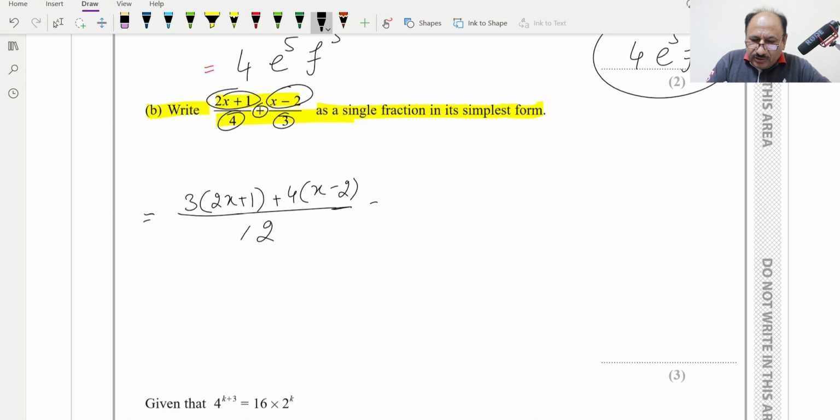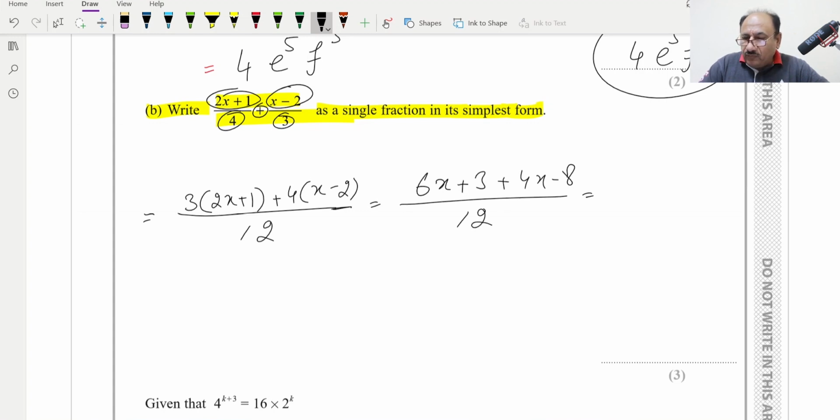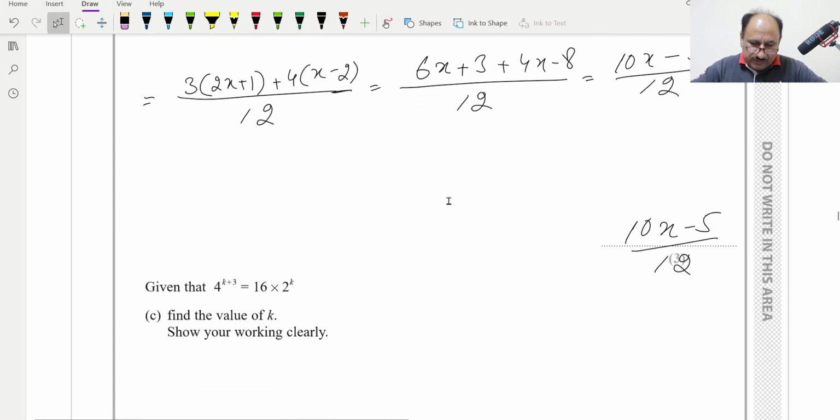Opening the brackets in the numerator: 6x plus 3 plus 4x minus 8, divided by 12. Now we can add the like terms. 6 plus 4 is 10, so 10x, and plus 3 minus 8 is minus 5, over 12. This will be the final answer because further simplification is not possible.